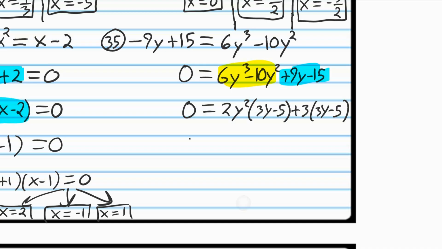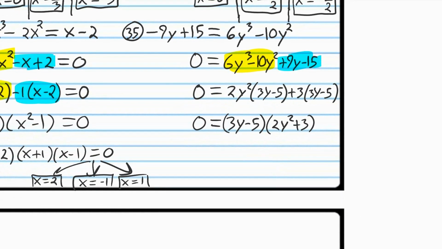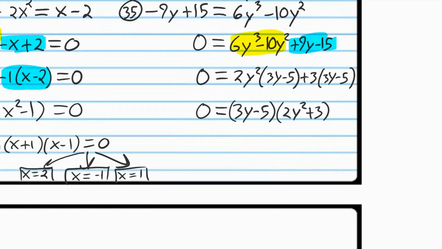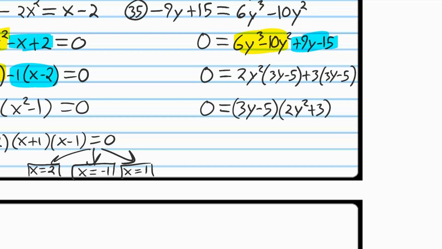And we're going to factor out a 3y minus 5. I'm going to break it up.